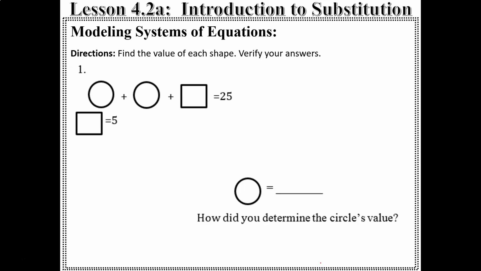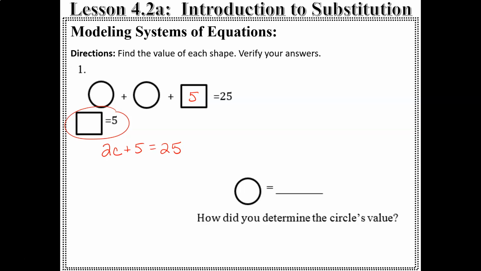So let's start out with shapes. We're going to find the value of each shape. It already tells us this is 5, right? So I'm going to make C for circle. I have 2 circles, 2C, plus a 5 equals 25.